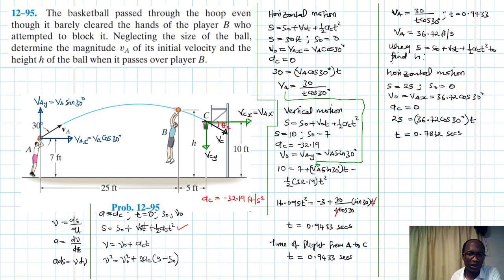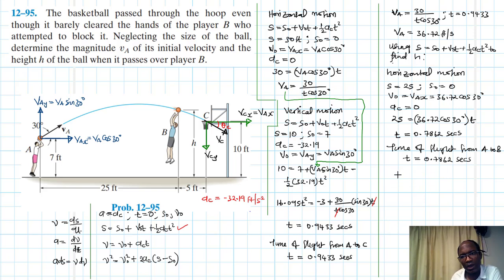So this is how much time it takes for the ball to move from A to B. Okay, so time of flight from A to B is T equal to 0.7862 seconds.